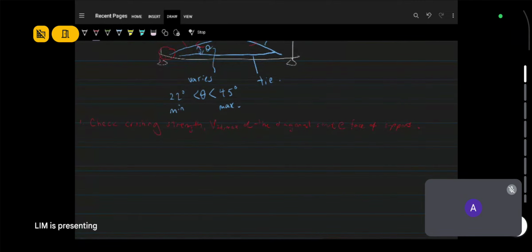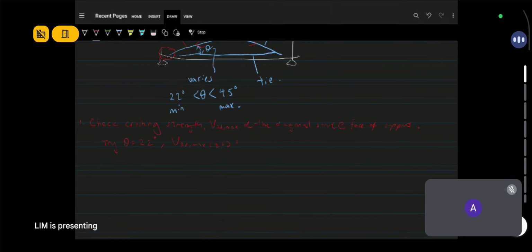We try the minimum 22 degrees, and then we calculate VRD max based on that. So I'm going to write VRD max 22 to denote that it's the VRD max for when I assume theta is 22.